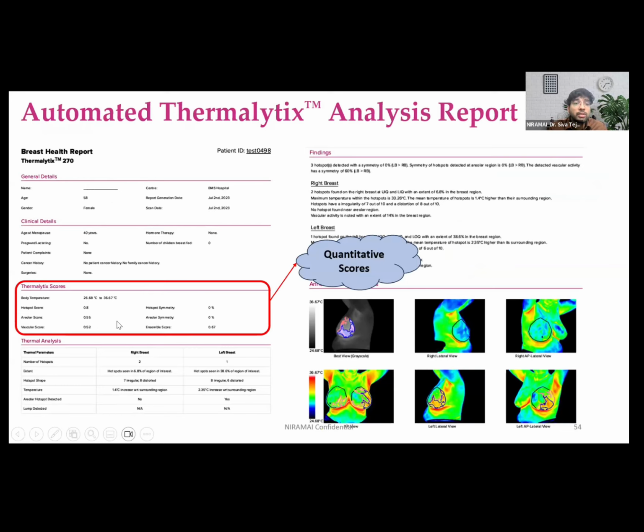We have different scores, a hotspot score, an areola score, which basically tells that, okay, the score is high, mainly the hotspot score is high. So which means the contributing factor which we're seeing in this case is the focal temperature increase. The vascular activity is also high. So accordingly, they could suggest the next steps.